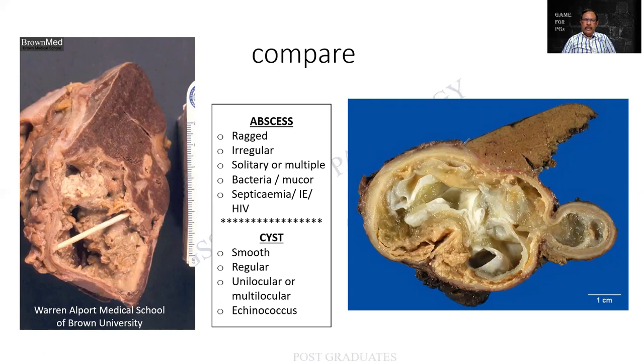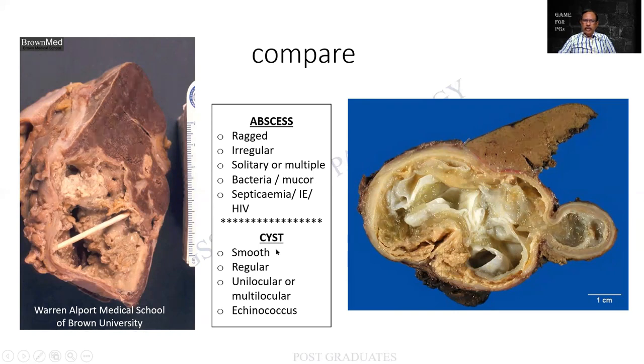Patients who are having HIV may manifest with a lung abscess with empyema as well as a splenic abscess. So these are all the features that I had mentioned over here. Rarely there can be even fungal etiology such as a mucormycosis.